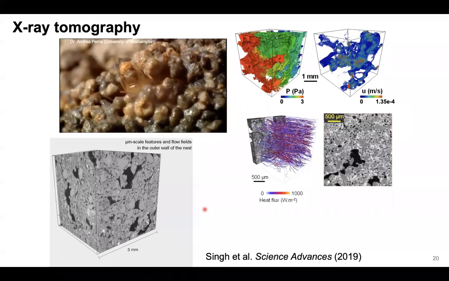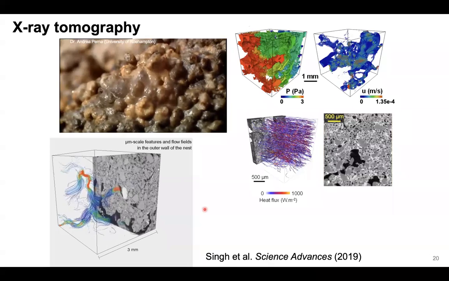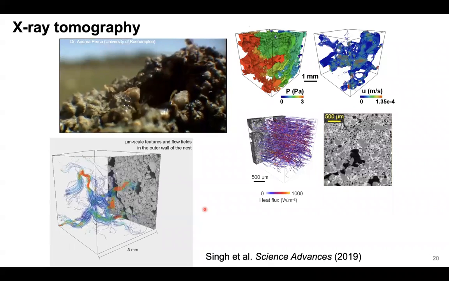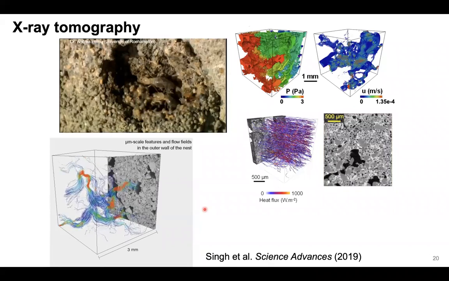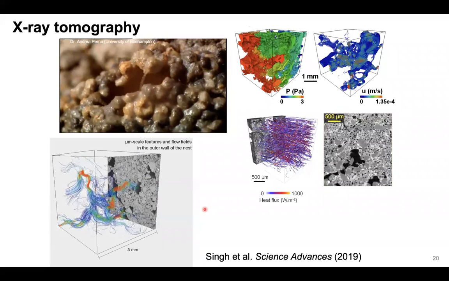But if there's no wind flowing outside, then diffusion kicks in. This allows for passive ventilation of the nest, exchange of CO2 to the atmosphere, which is really good for them. So it doesn't depend on the wind flow outside the nest.